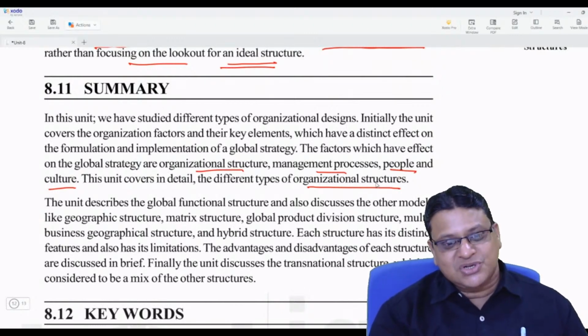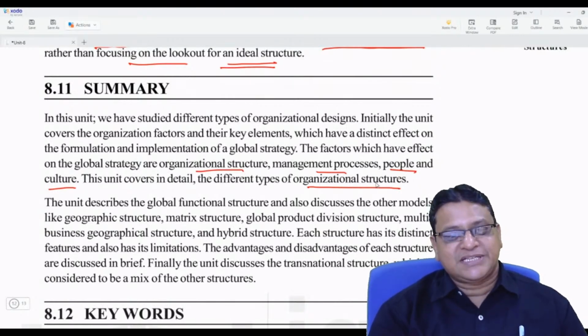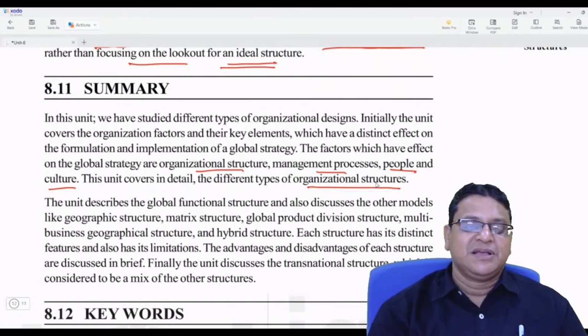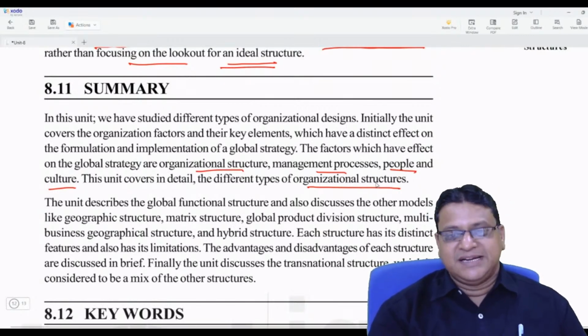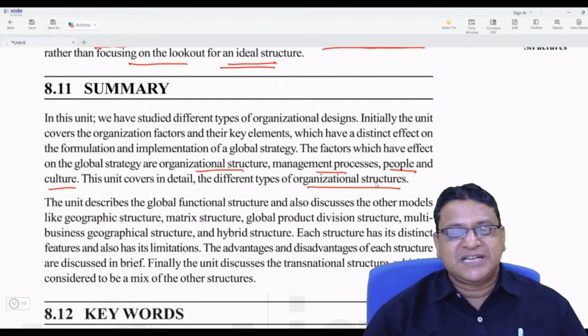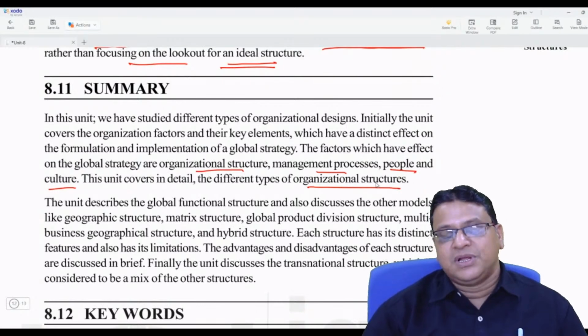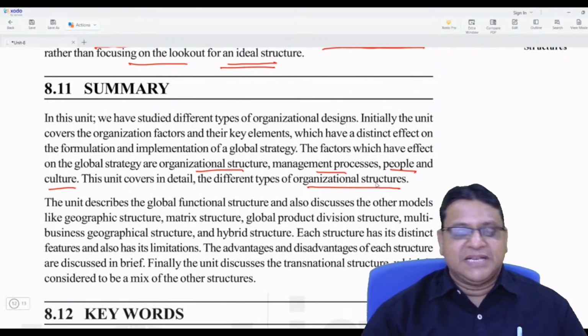Organizational structures are of many types, out of which we have discussed three important types: functional structure, divisional structure, and matrix structure. Then we have discussed geographic structure, hybrid structure, global product division structure, and multi-business geographic structure, other types of organizational structure found in MNCs.